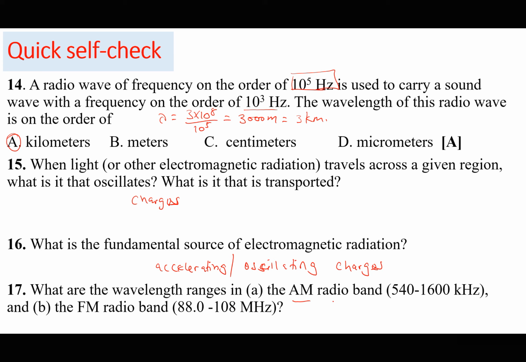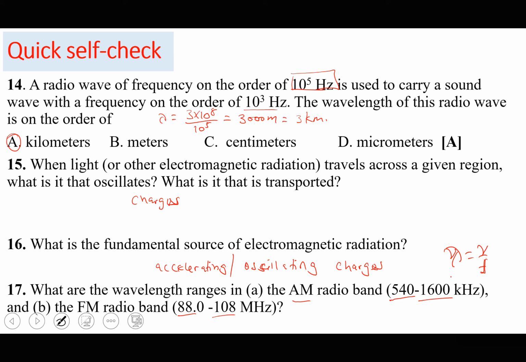What are the wavelength ranges in A, the AM radio band, where the frequency ranges from 540 to 1600 kilohertz, and in B, the FM band ranging from 88 to 108 megahertz? We just use lambda equals V divided by F, and then we substitute. V is 3 times 10 to the power of 8 because FM and AM are radio waves.